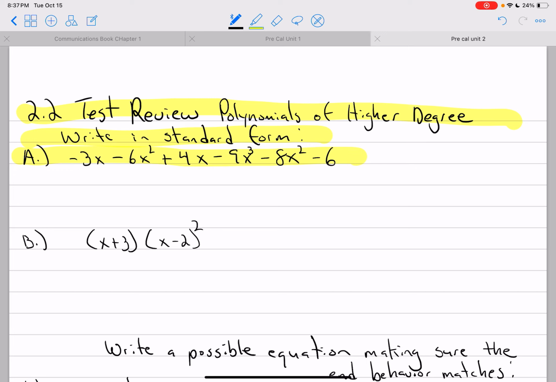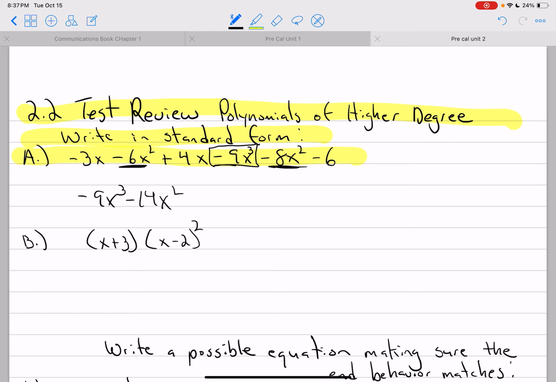Cool, you did that. So if I'm thinking I got to put this thing in standard form, it has to be in exponent order, but I got to combine like terms if I can. So I see an x cubed, that's the only one. Negative 9x cubed. I see x squareds here and here. Negative 6, negative 8, negative, what's that, 14?